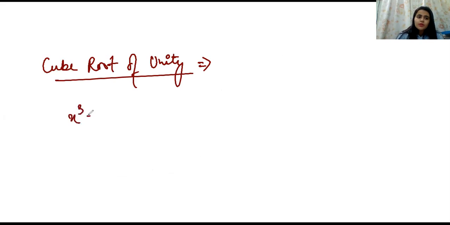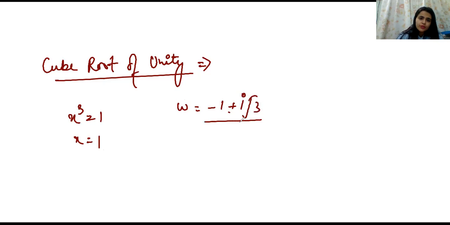So x cube is equal to 1, which implies x is equal to 1. Similarly, omega, that is the cube root of unity, is equal to minus 1 plus or minus iota root 3 by 2. Similarly, omega square is equal to minus 1 minus iota root 3 by 2.